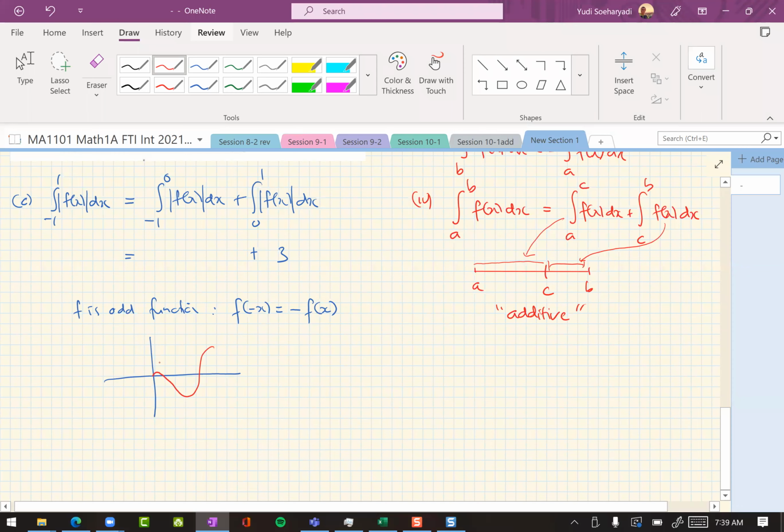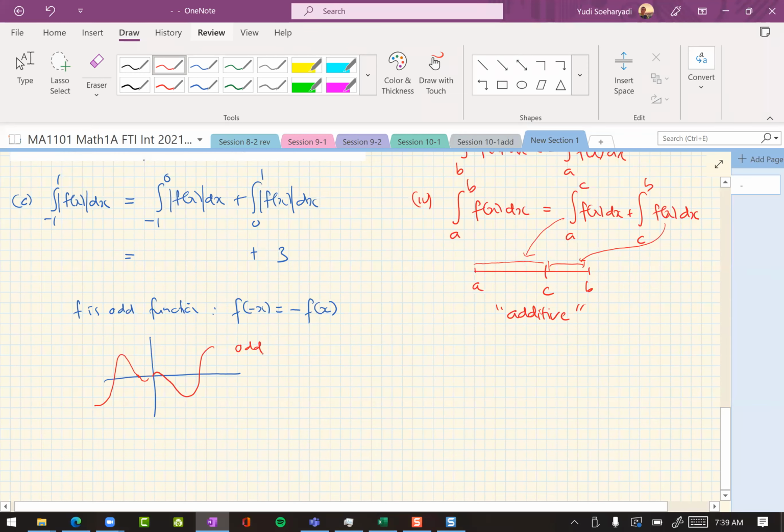For example, and then you have, let's see, count this. Yeah. Okay. This is the odd function.